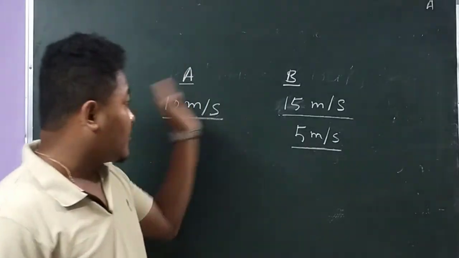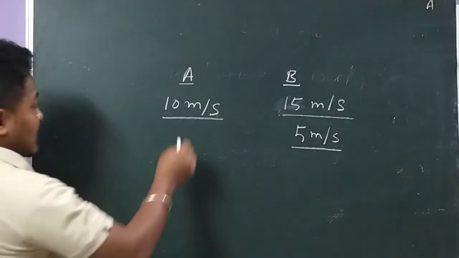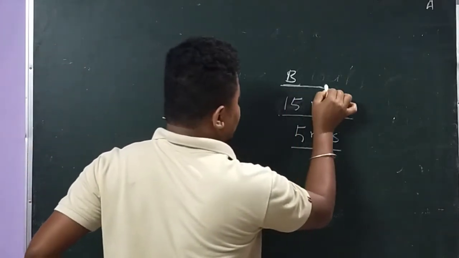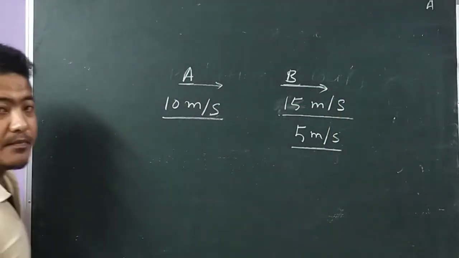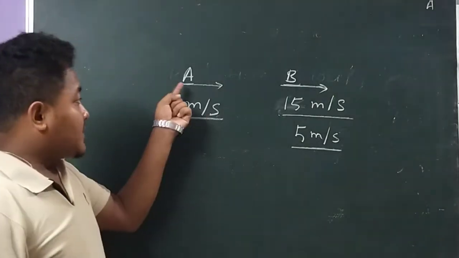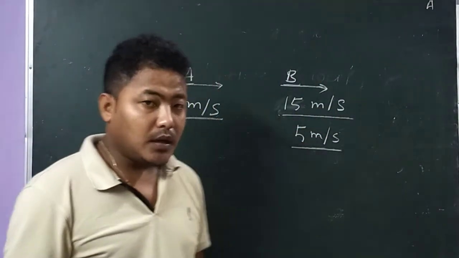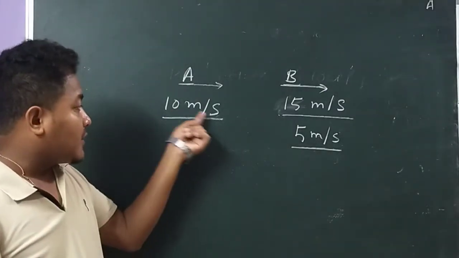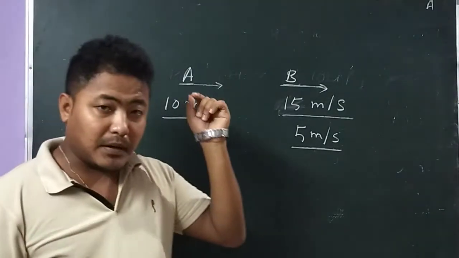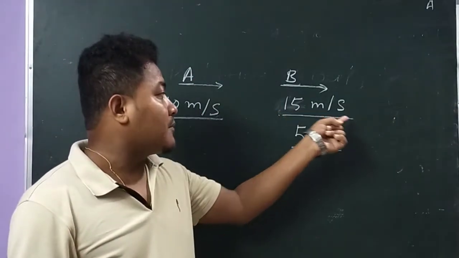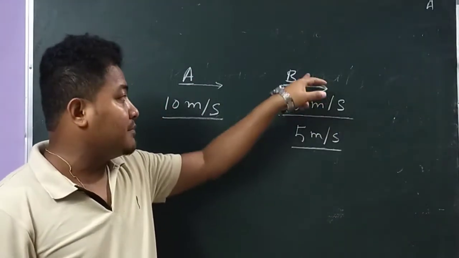Remember, these are moving bodies. A is moving in the same direction and B is also moving in the same direction. That is the important point: object A and object B are moving in the same direction. At that moment, 10 meters per second is the velocity of body A with respect to ground, and 15 meters per second is the velocity of body B with respect to ground.